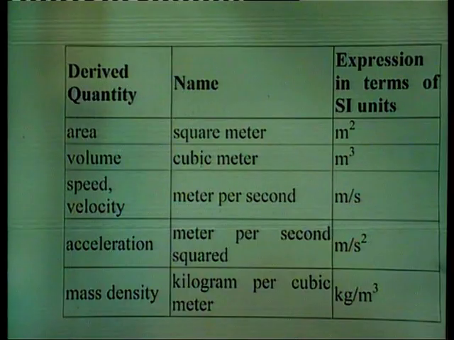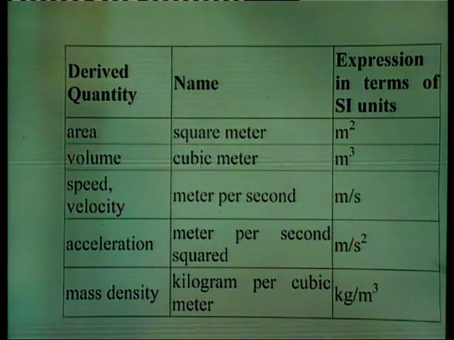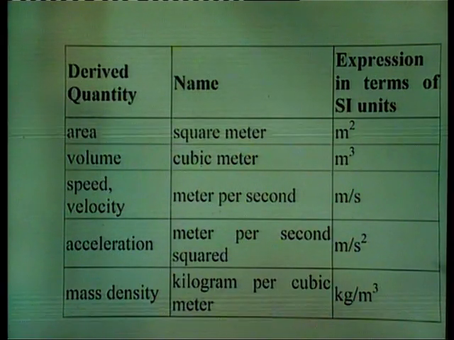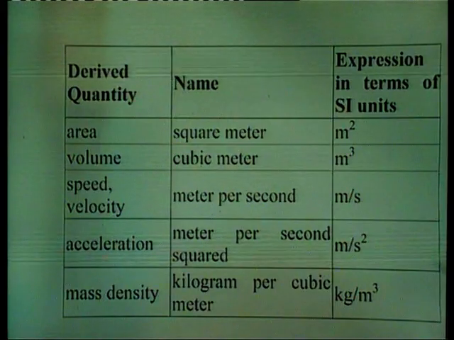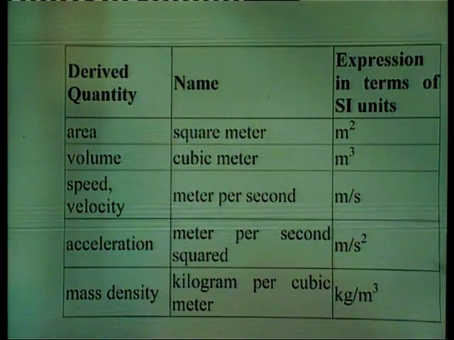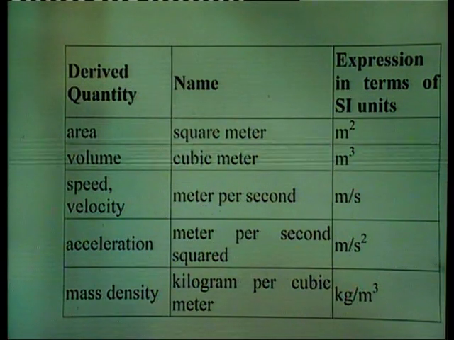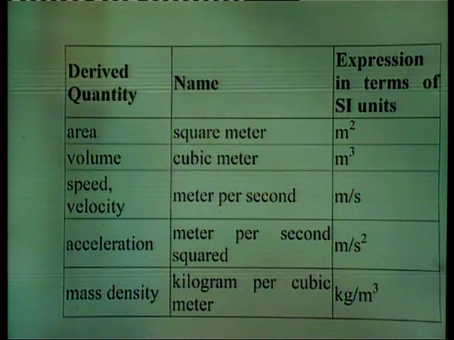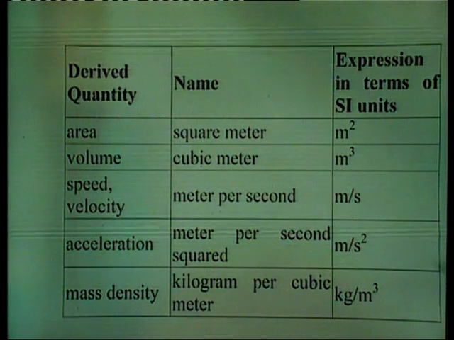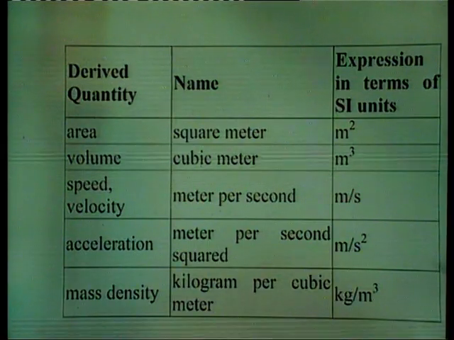Similarly, derived quantity acceleration, name prescribed as meter per second squared. Expression in terms of SI units small m oblique small s square. Similarly, derived quantity is mass density, name prescribed is kilogram per cubic meter, and expression in terms of SI units is kg per m cube.